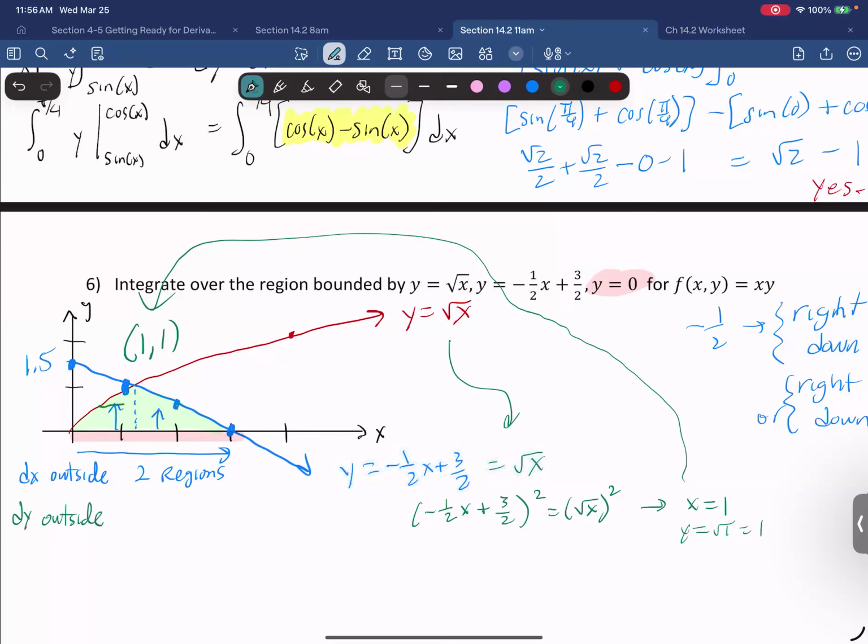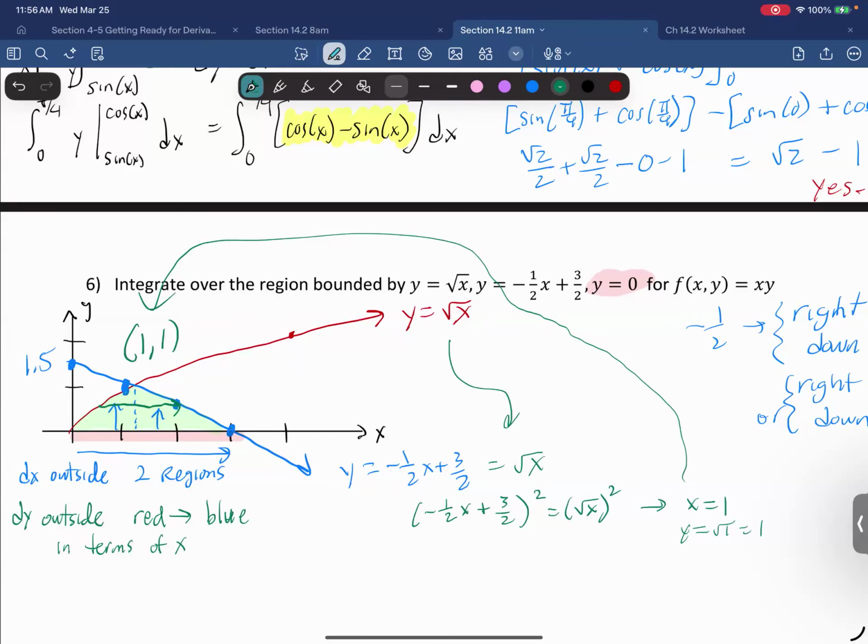And that has us going from the red line up to the blue line. But it needs to be in terms of x. Because you can't have dy and have y in the limits of integration. That doesn't make sense.